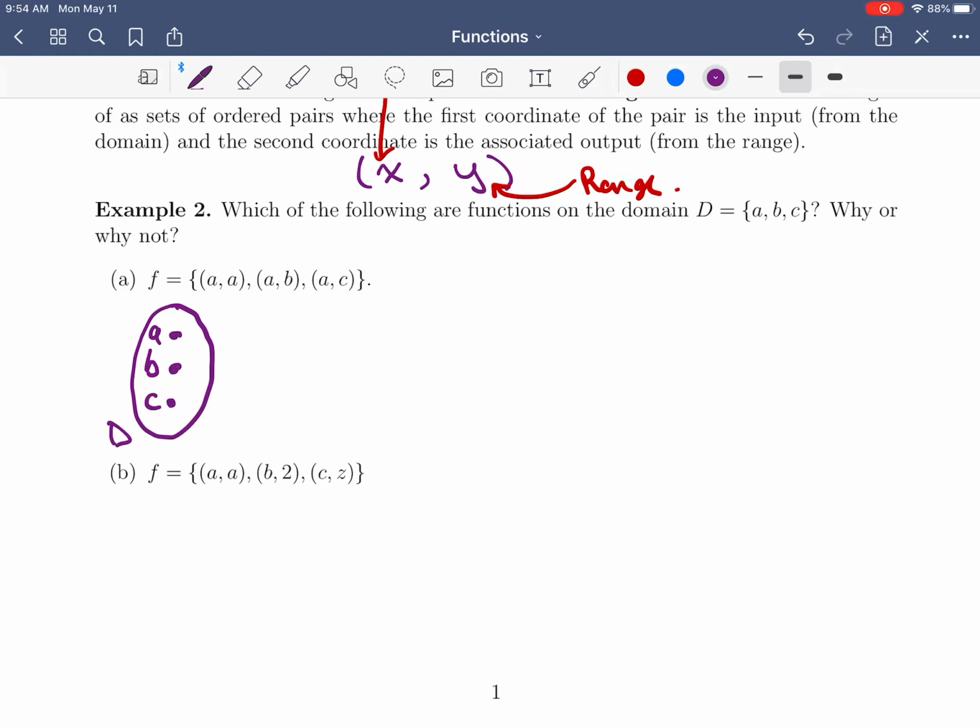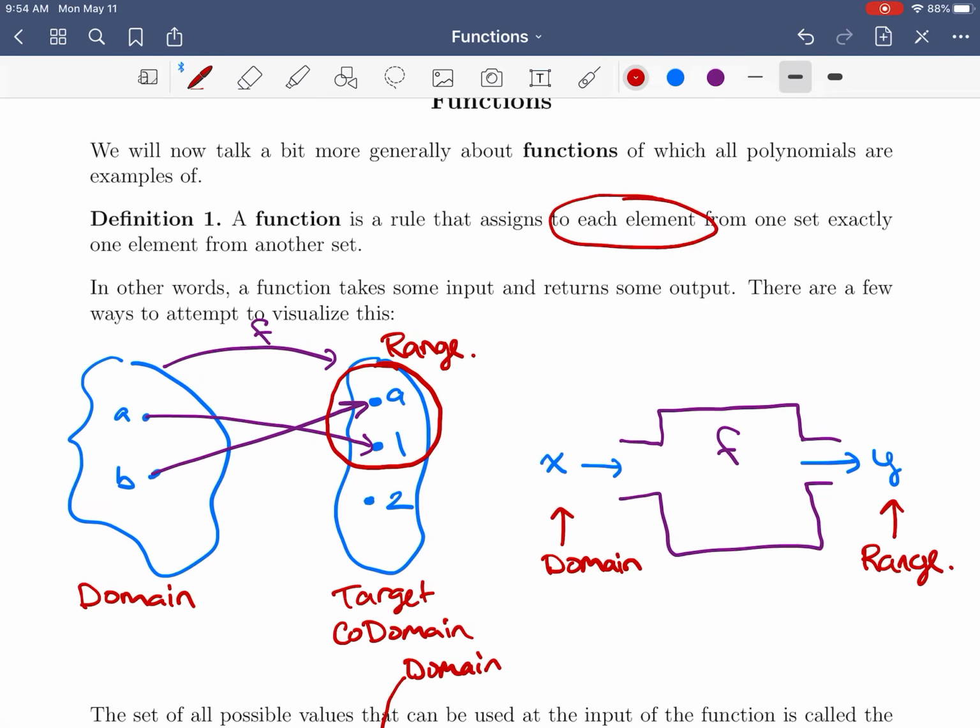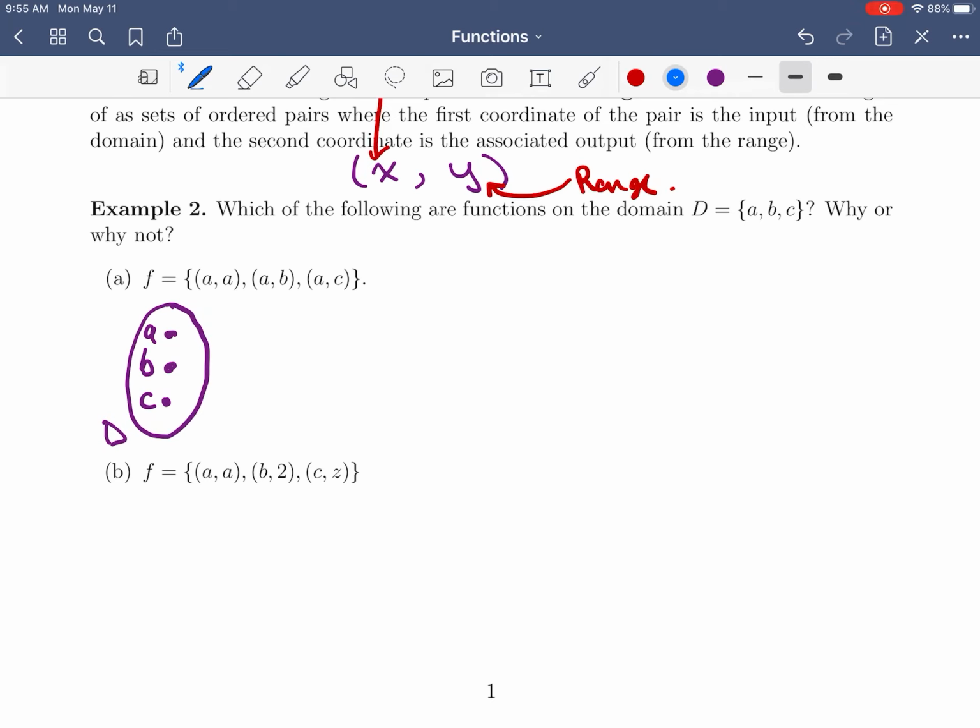So to each element from the domain, every element in the domain goes somewhere. The function acts on each of these things, and in fact they go exactly one place. Those two properties are important when we're thinking about whether or not this is a function. In this example, we don't really know what our target is, so let's see what happens.